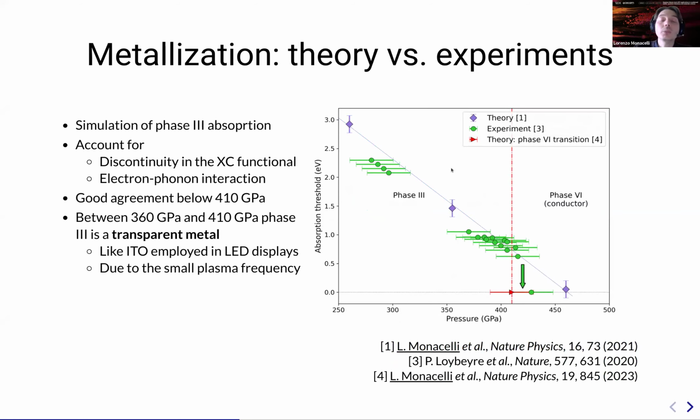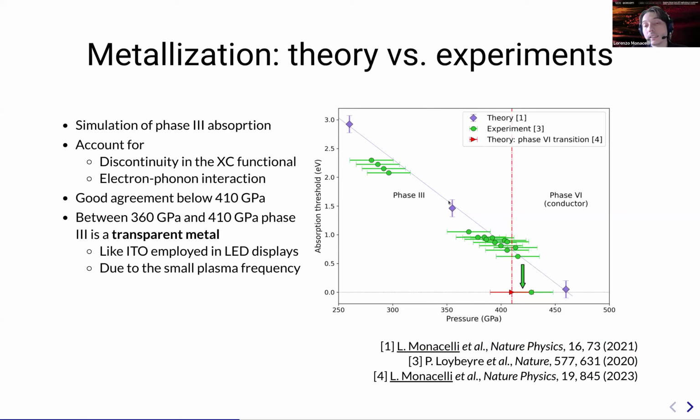While if we now simulate the absorption in the infrared and compare phase 3 here, these are our simulations with the results from infrared spectroscopy. This is the absorption threshold, so the highest frequency at which the sample is transparent.